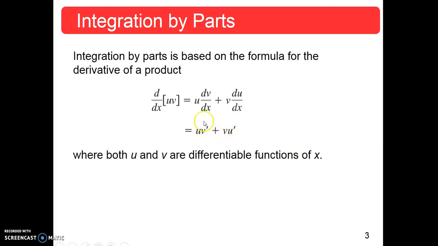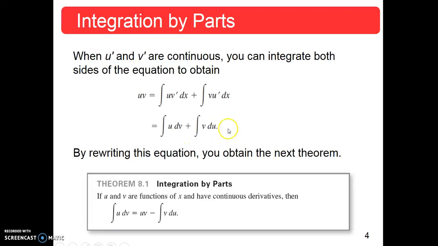Okay, now on this side, if I applied the integral with respect to x, the integral would undo the derivative with respect to x, and I'd be left with just uv. I can do that as long as I apply the integral all the way through, so the integral with respect to x of this term and also this term. The derivative was undone on this side.